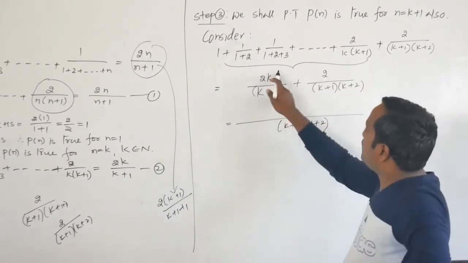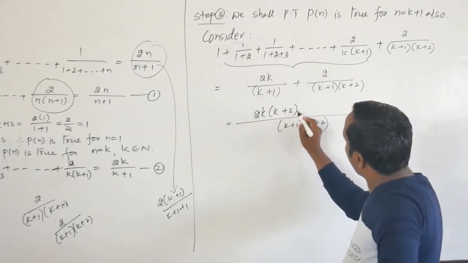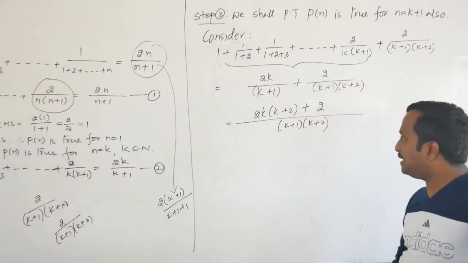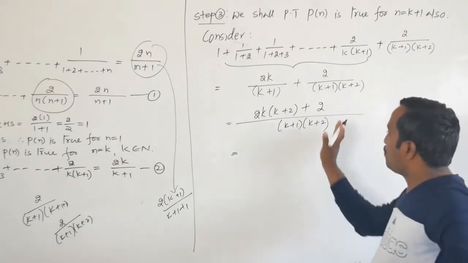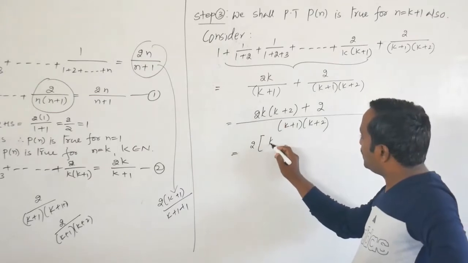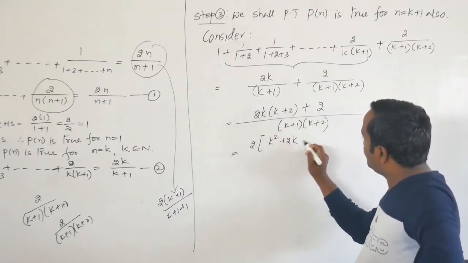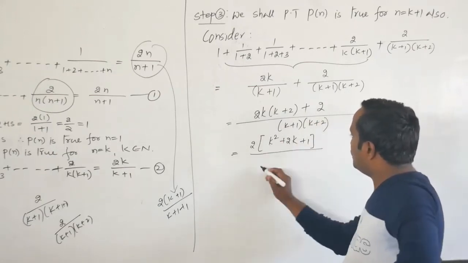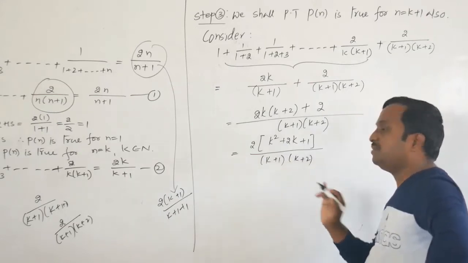So 2k is multiplied by k plus 2, plus 2 into 1. Now we can take 2 common: k into k plus 2, that is k square plus 2k, plus 1, because 2 is already taken common. The denominator k plus 1, k plus 2 is kept as it is.